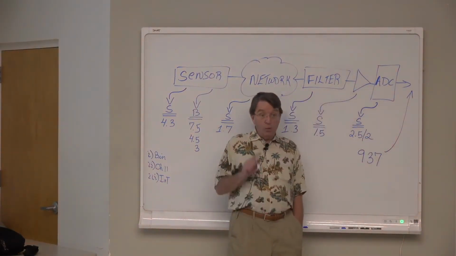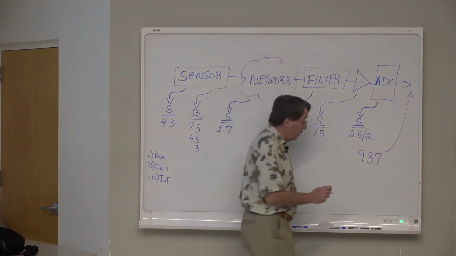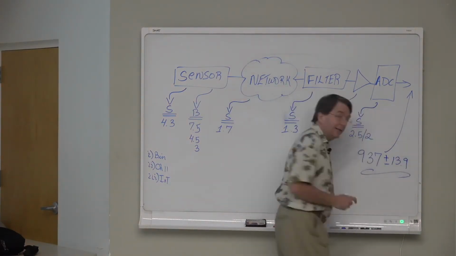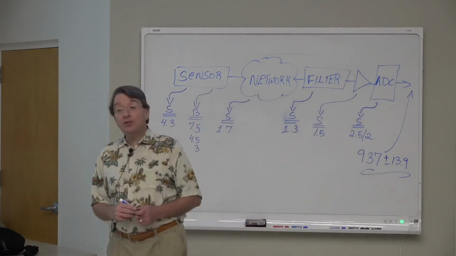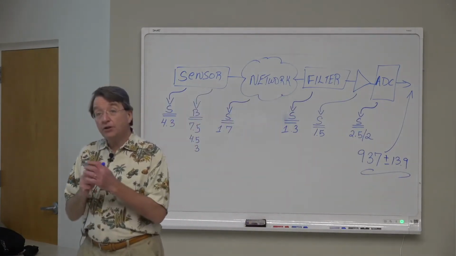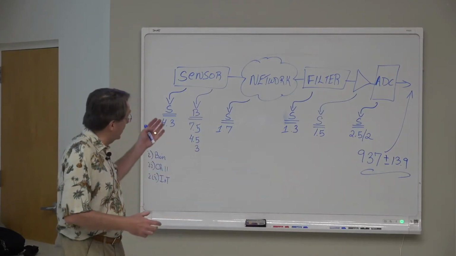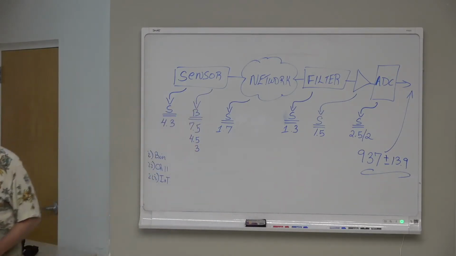That's what it measures. What we really should say, it's 937 plus and minus 13.9. See, that's the uncertainty. And that uncertainty is a function of, Veronica, of the uncertainty in each of these elements, the sensor, the network, the filter, the amplifier, and the A to D converter. Yet another problem done. How do we do?